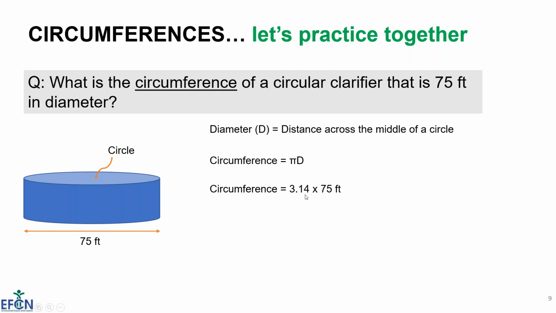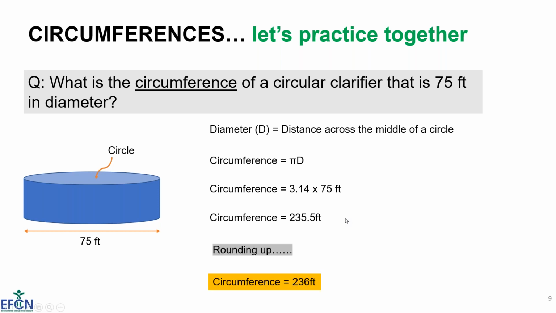So if you multiply 3.14 by 75 feet, my answer is 235.5 feet. Now, with most math problems on your exams, you will find that there will be a rounding up or a rounding down. So be familiar with rounding up and rounding down, because the answer that appears on your exams might be rounded up or rounded down. And so you choose the answer that's closest to what you're looking for.